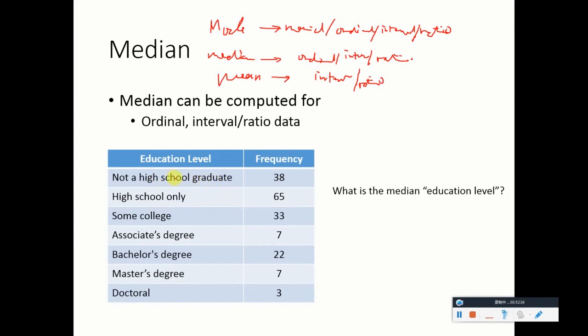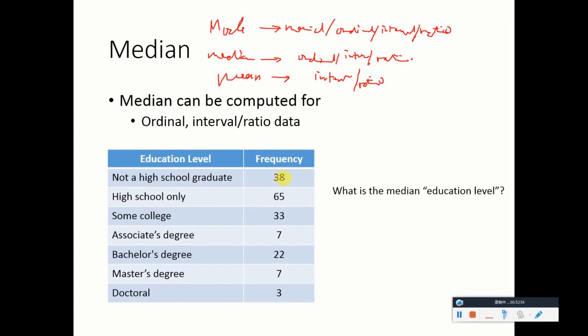Okay, so least educated to most educated. In other words, these 7 categories are the 7 values for this variable, education level.